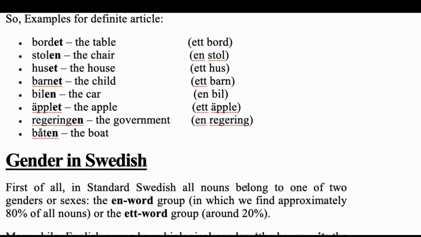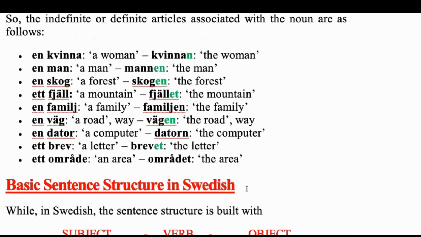So here we have a few more examples of what we learned in the last slide, definite and indefinite articles. We have just mentioned more nouns here. En kvinna, a woman. Kvinnan means the woman. So I'm placing only one n here. Why am I placing only one n, not en? Because here is a vowel.